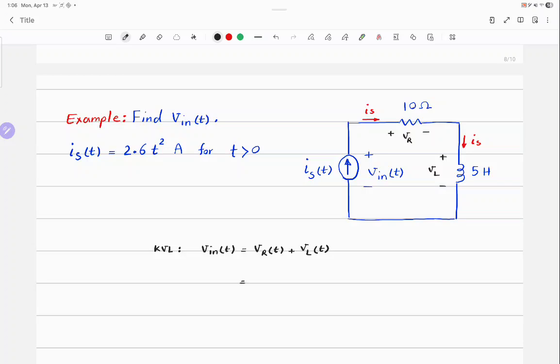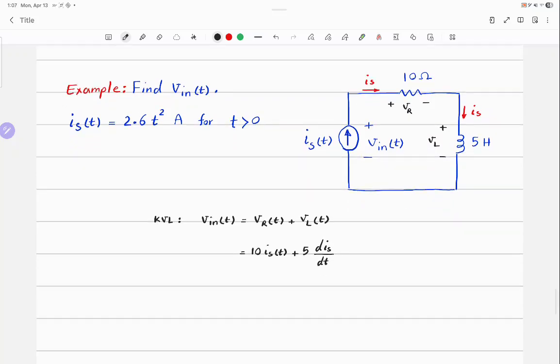What is VR? 10 times IS. What is VL? 5 times dIS over dt.